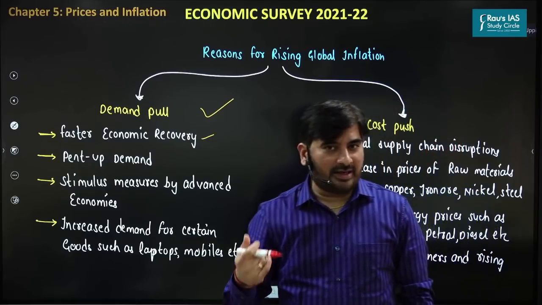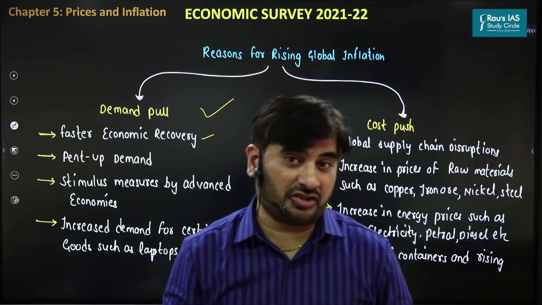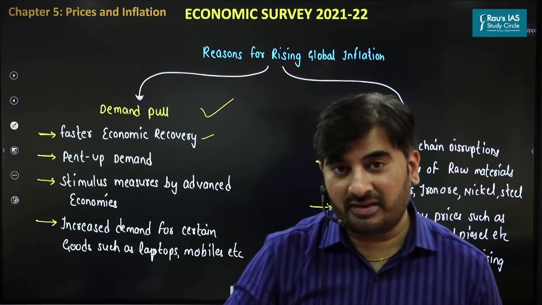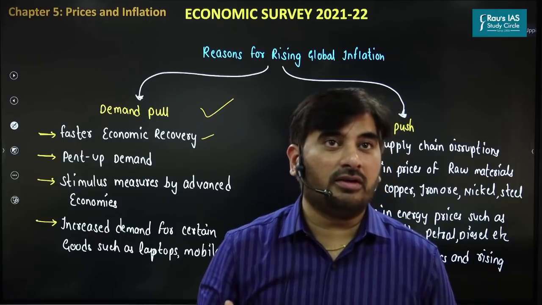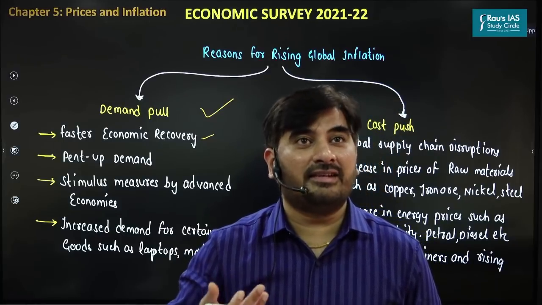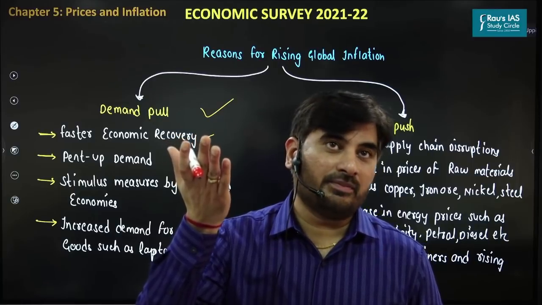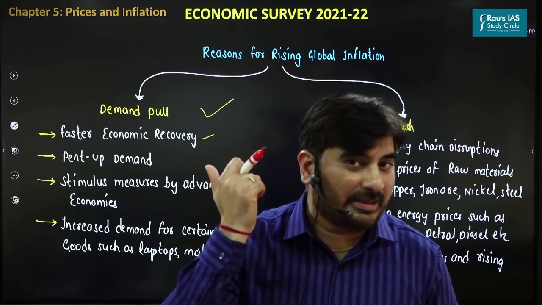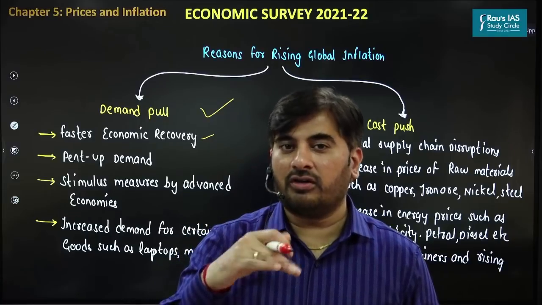You must be knowing that countries such as India are giving a lot of push to the creation of infrastructure. Creation of infrastructure would in turn need a lot of raw materials, right? Like iron ore, steel, cement, electricity, and so on. So suddenly demand for goods has shot up. Similarly, if you look at China, the manufacturing industries were closed down because of lockdown.